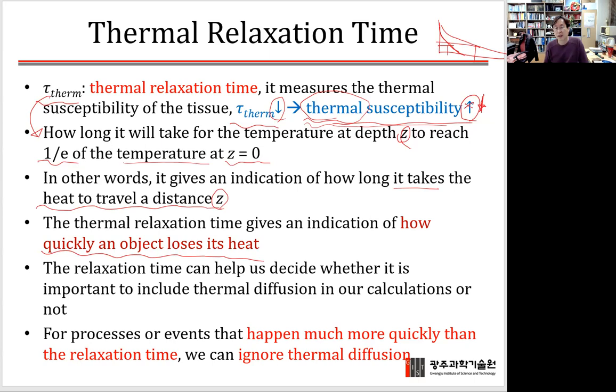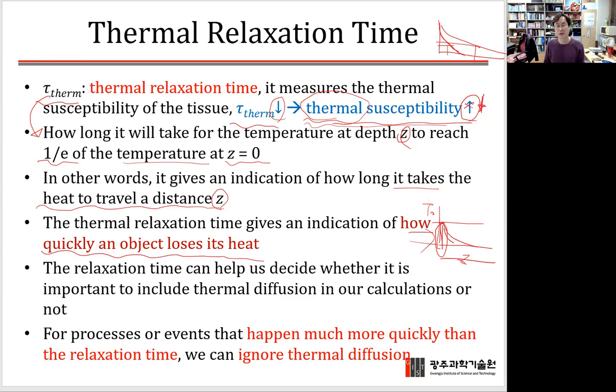So again, same thing, we have tissue here, and heat is generated when the laser is coming here, and this ray goes down along the z-axis. So if this tau term is smaller, that means it comes here.